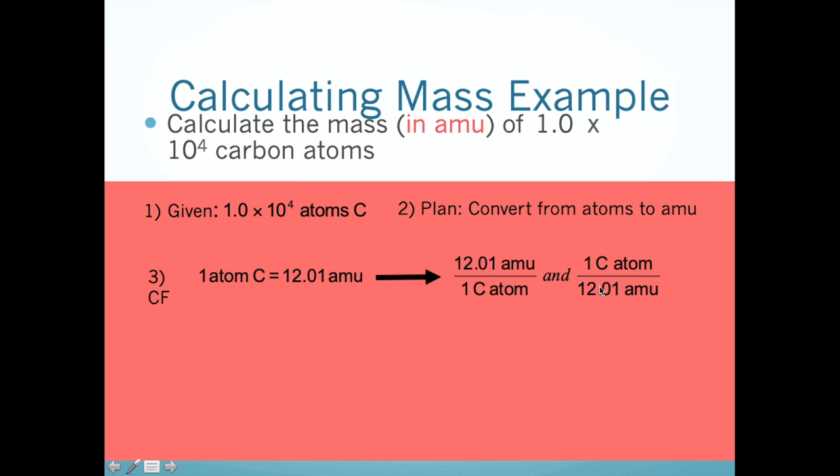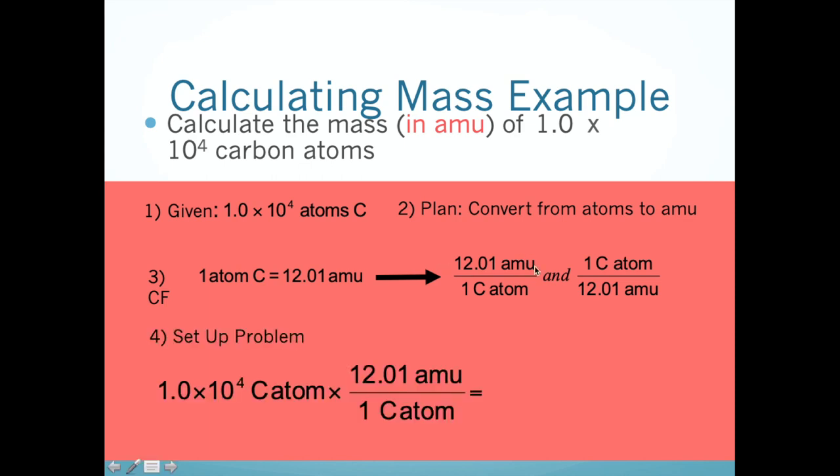Okay, so think about which one you want to pick, just as a little practice from that chapter 1 stuff about conversion factors. Keep in mind we're starting off with number of atoms, and we want atomic mass units to be left as our numerator, to be left as the answer. So you've probably figured out that you need the one on the left, right? We need atomic mass units on top here, and we need number of atoms on the bottom, so that atoms cancels out.